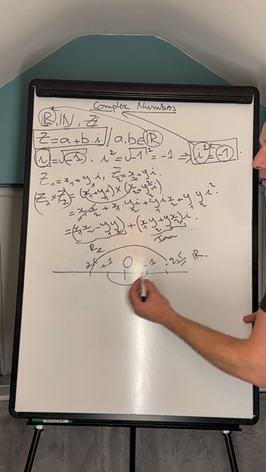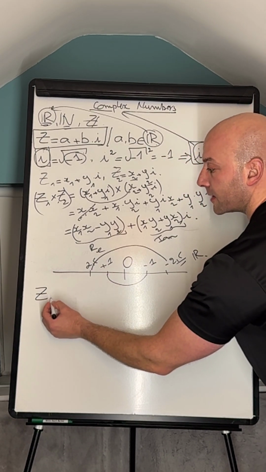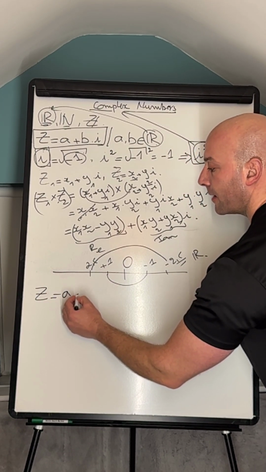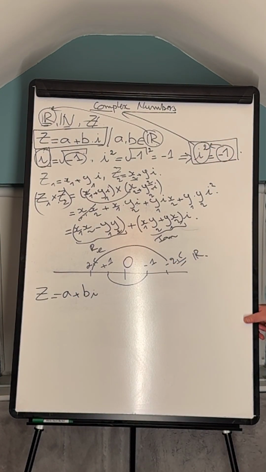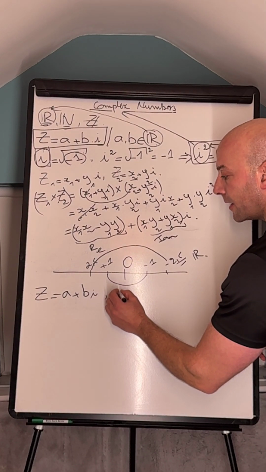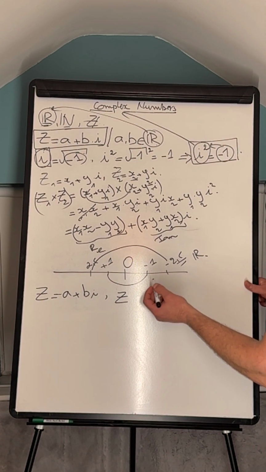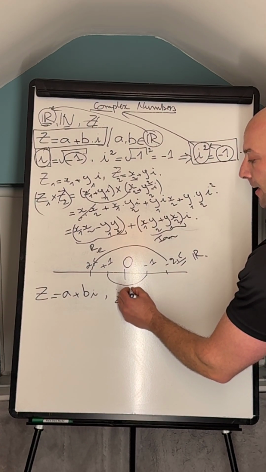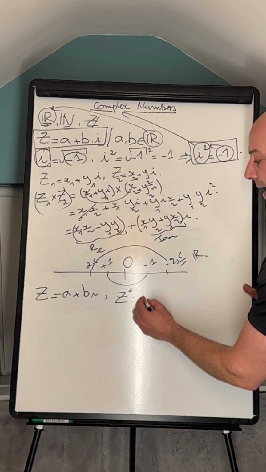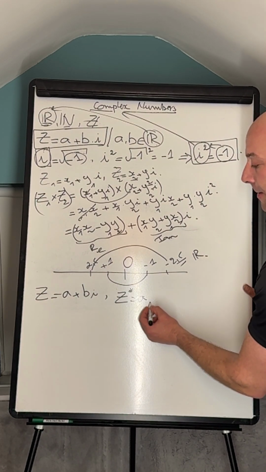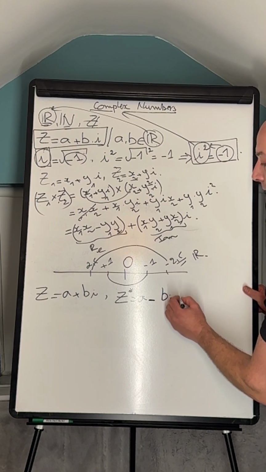We call it the conjugate. If we have a complex number, we call it z equals a plus bi. Then the conjugate number we write this way, usually z with a small star, equals a minus bi. The real number remains the same, but here we have minus bi.